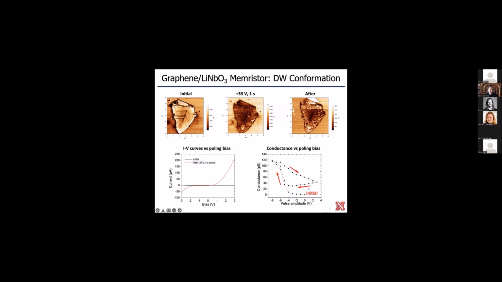And then we start using subcoercive voltage without changing this polydomain structure. And here you can see this hysteresis loop indicating the dependence of the device conductance upon application of this set pulse. So we can achieve a change of the conductance by almost 2 orders of magnitude without changing the domain structure itself, because this voltage is below the coercive one.